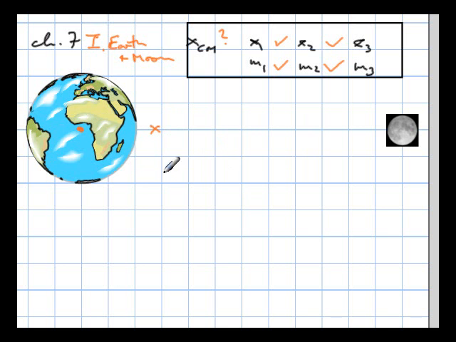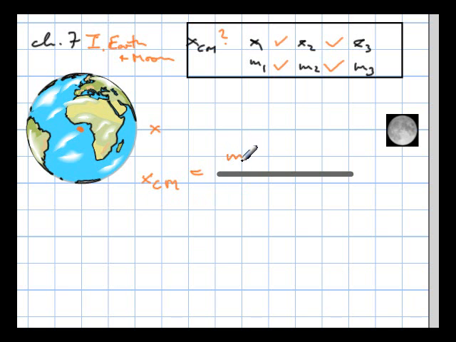Okay, the equation, of course, is going to be x_cm equals, maybe I should try this a little bit different, make myself a nicer looking fraction bar. Okay, for some reason it came out gray, oh well. And then I have mass times x1.